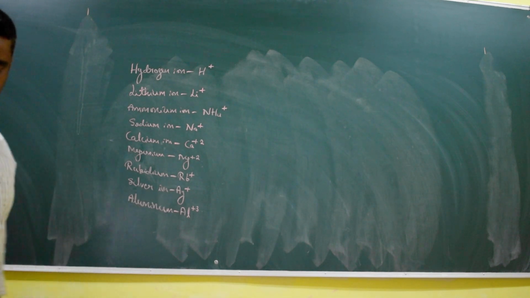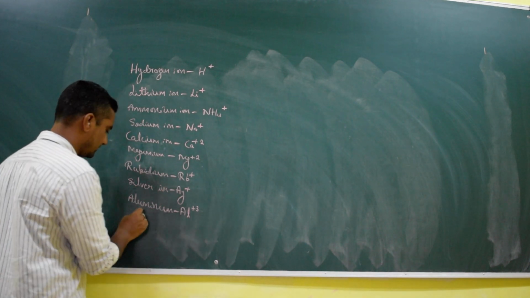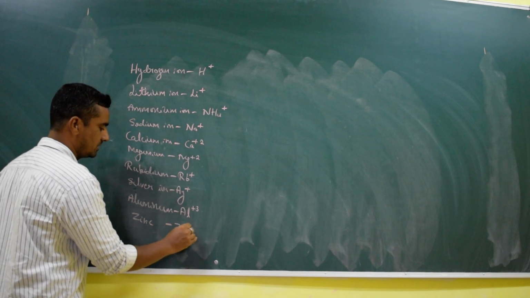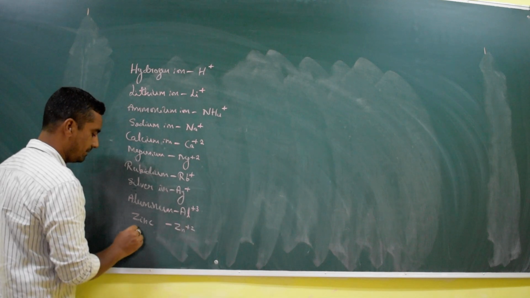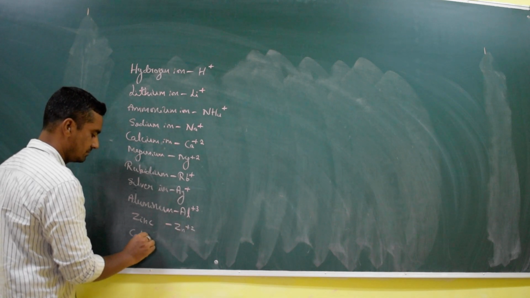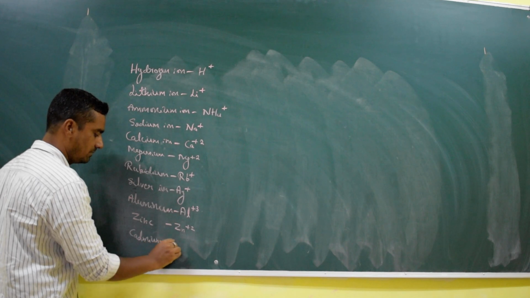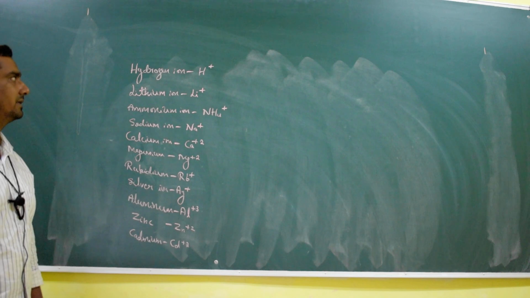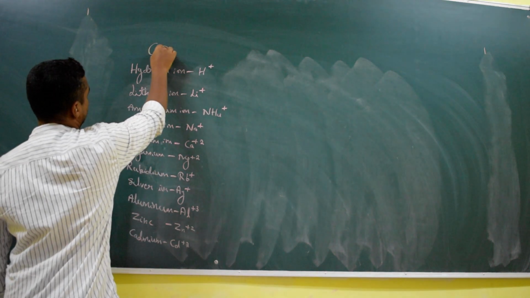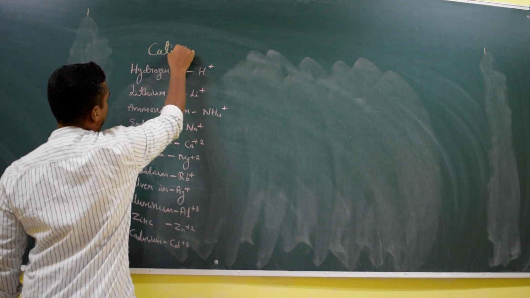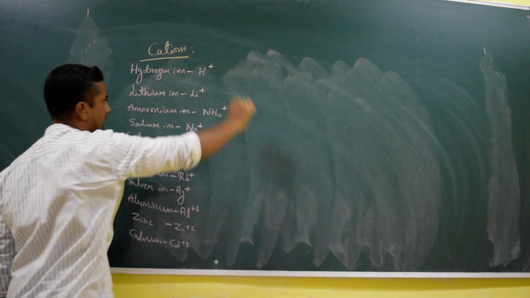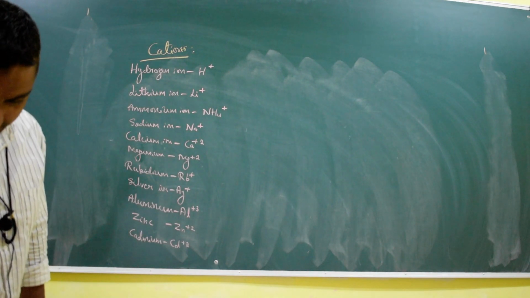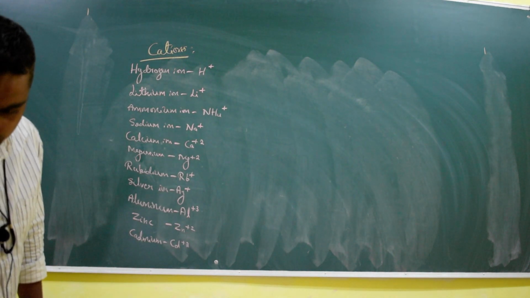Then zinc, the symbol of zinc is Zn plus 2. And cadmium, Cd plus 2. These are the cations. Now we'll go on to the anions.